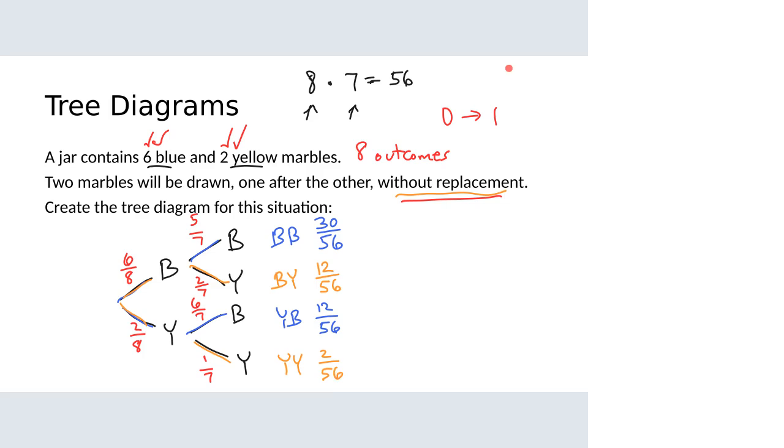At this point, we have our sample space. Our tree diagram has served its purpose. It got us to our sample space. And just a mental note, we're done multiplying. We may need to add some probabilities together depending on what questions we're asked, but we're done with the multiplying part. That's over. Let's go see what kind of questions we're supposed to answer about this one.